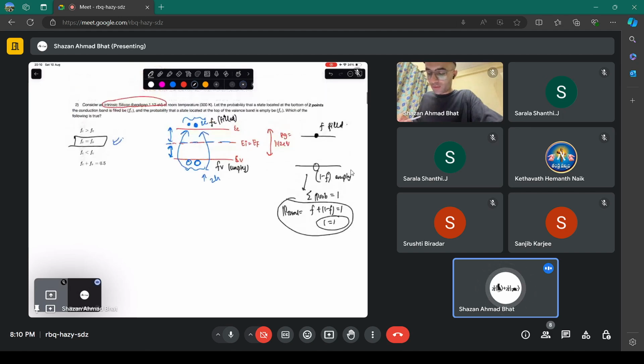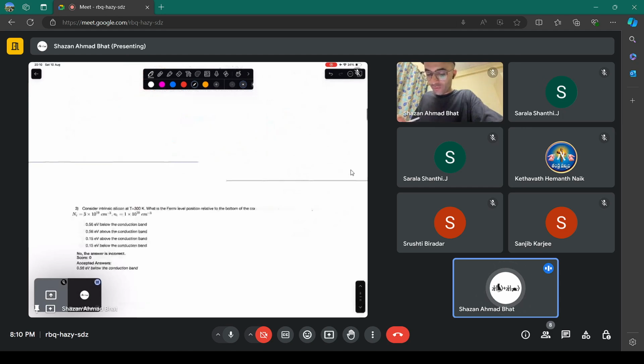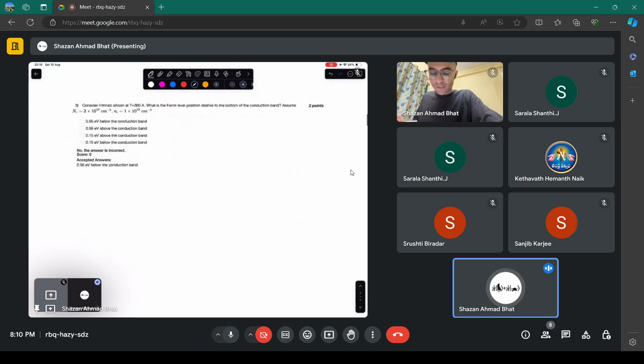This is a very simple question. Now if you move to question number 3, you have to consider an intrinsic semiconductor again, where the Fermi level lies exactly in the middle, what you call the intrinsic level. This is the conduction band, this is the valence band, and this gap is 1.12 electron volt at 300 Kelvin temperature.